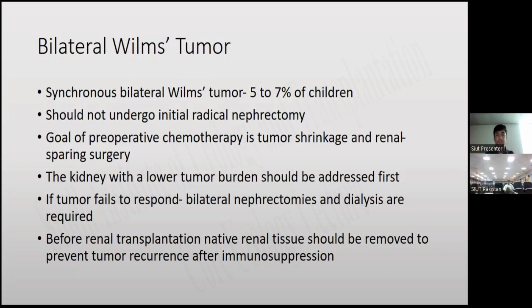The goal of preoperative chemotherapy is tumor shrinkage and renal preservation. The kidney with a lower tumor burden should be addressed first. If the tumor fails to respond, bilateral nephrectomies and dialysis are required, and for renal transplantation, residual renal tissue should be removed to prevent tumor recurrence after transplantation.